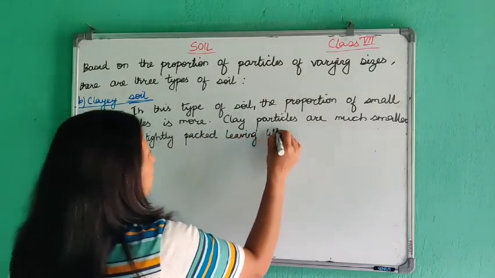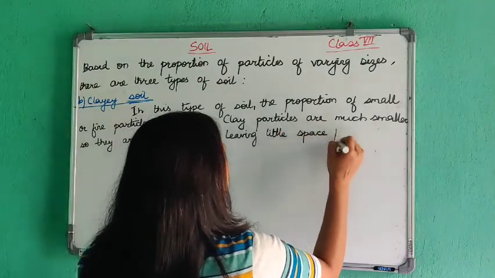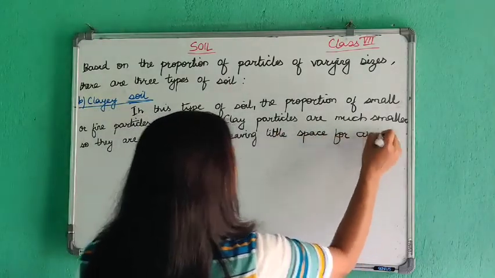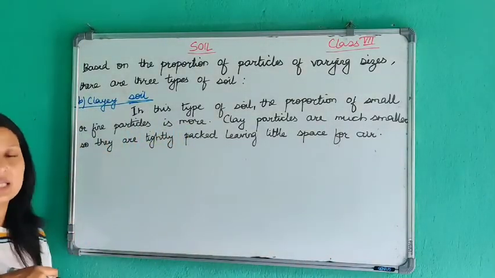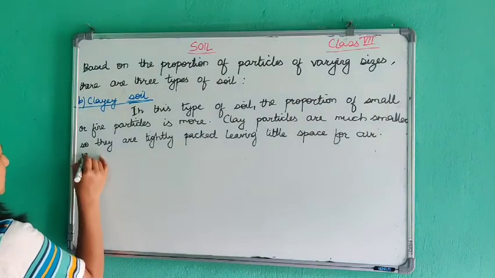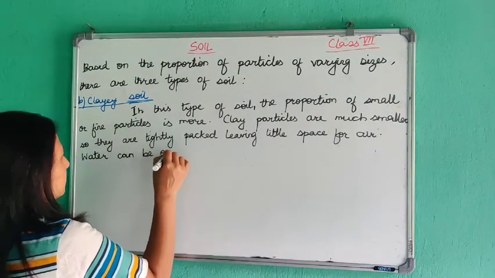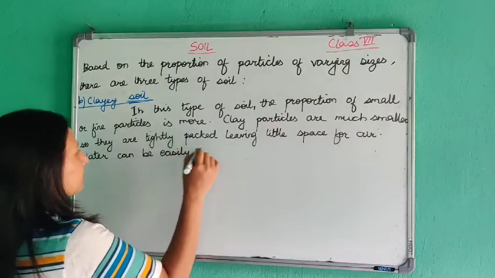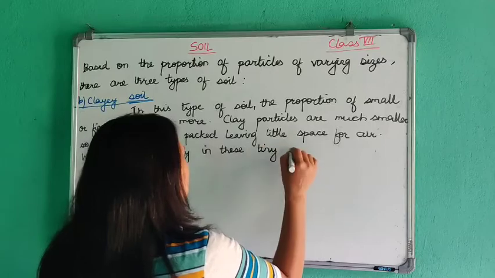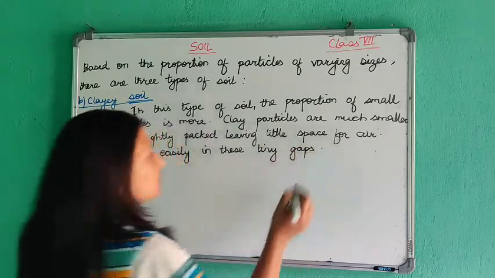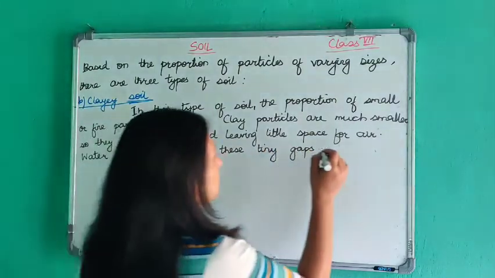अब tightly packed भयो भने त कम्ती gaps हुन्छ, so त्यो gap मा हावा पनि कम्ती भरिएको हुन्छ. ओके, अनि gaps सानो भएको कारणले गर्दा water छिरेर जाँदैन. Water can be easily retained in these gaps, in these small or tiny gaps. Okay, water मजाले retain हुन्छ, हावा कम्ती हुन्छ.